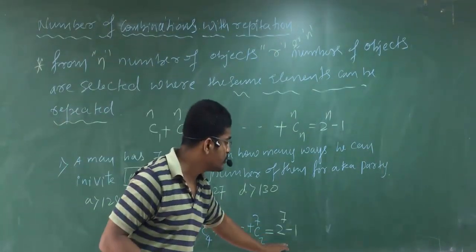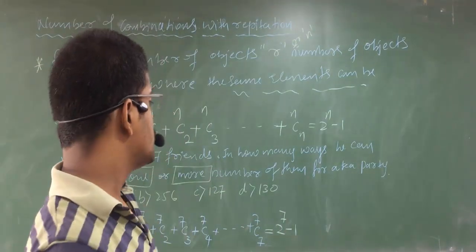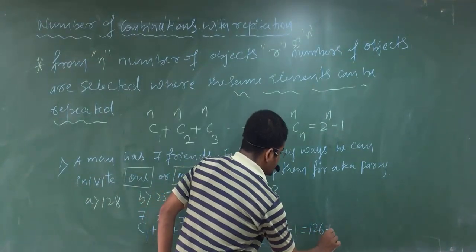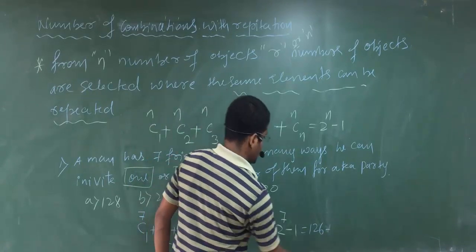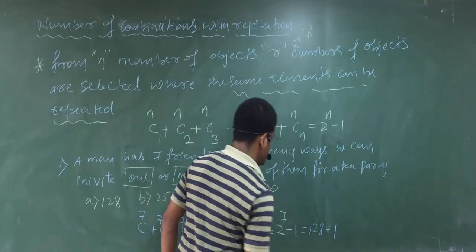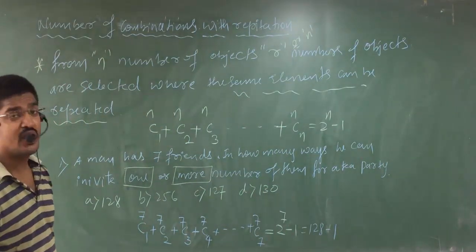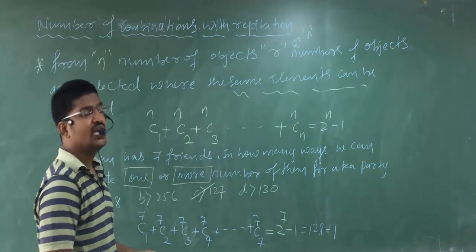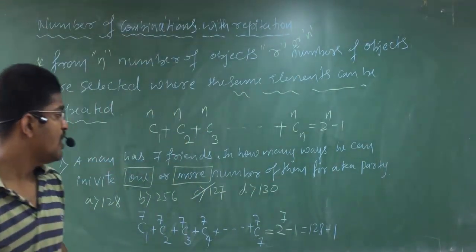That is going to be equal to 2 to the power of 7 minus 1. So 2 to the power of 7 minus 1 means 128 minus 1. So your answer is going to be 127. Clear? So that is your answer.